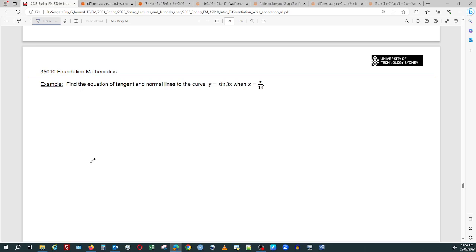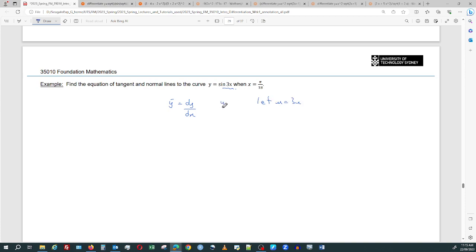Okay, find the equation of the tangent and normal lines to the curve y equals sine 3x when x equals pi on 18. So we need to find y dash, which is dy/dx. The problem we've got there is that we've got a chain rule. So we let u equal 3x.